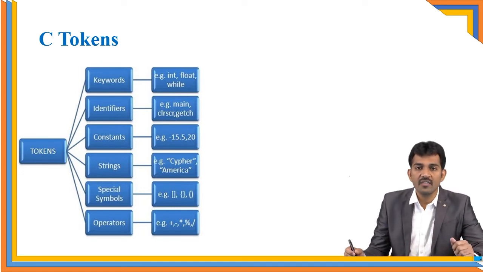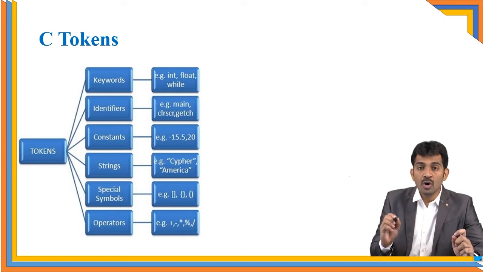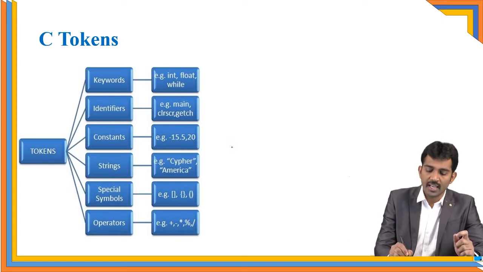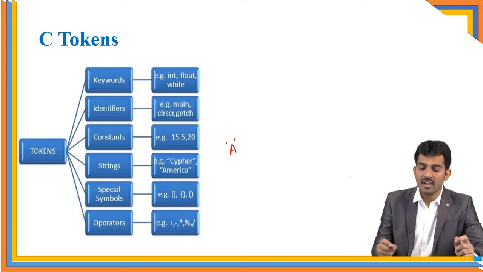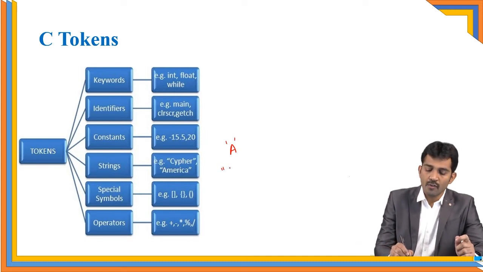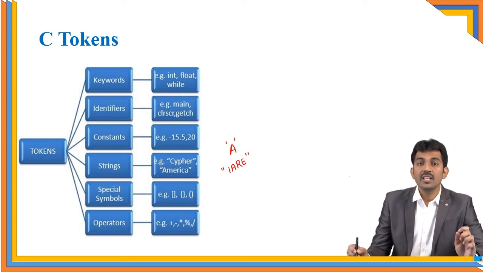See, in C language, if you write with single quotes, for example 'A', it is a character, right? If you write with single quotes, then it is called a character. A group of characters enclosed in double quotes is called a string, right?